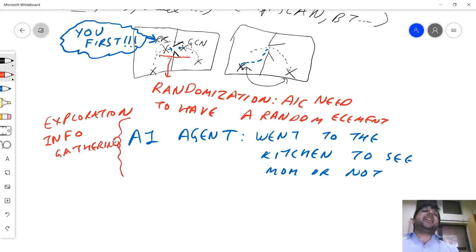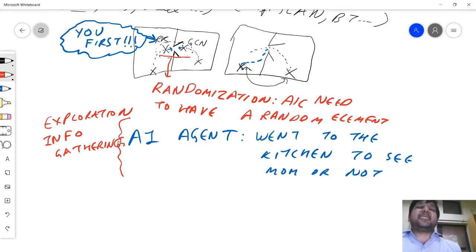And remember, in AI, sometimes you need to take actions not because the actions perform some physically important thing, but sometimes you have to take actions that eventually lead to you having more information.